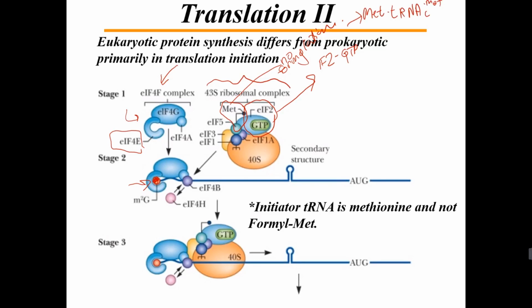Once we have assembly of these two complexes in stage 1, in stage 2 we have eIF4F assembling at the 5' cap, and then addition of the 43S ribosomal complex, such that we have this 40S initiation complex assembled.